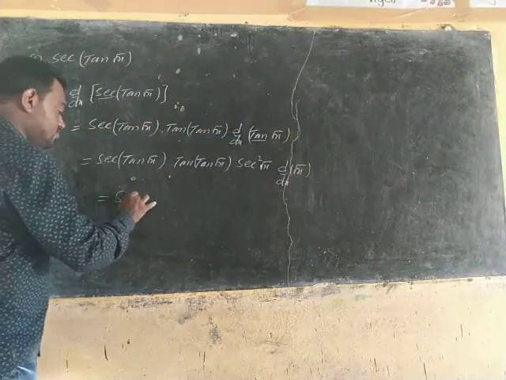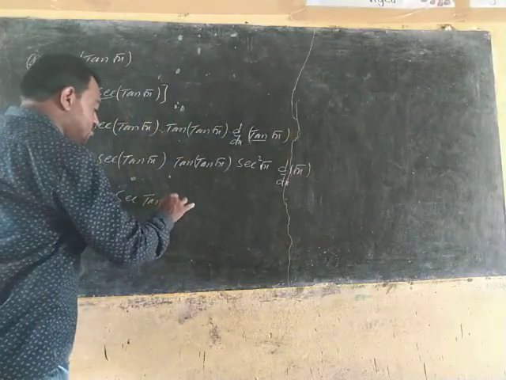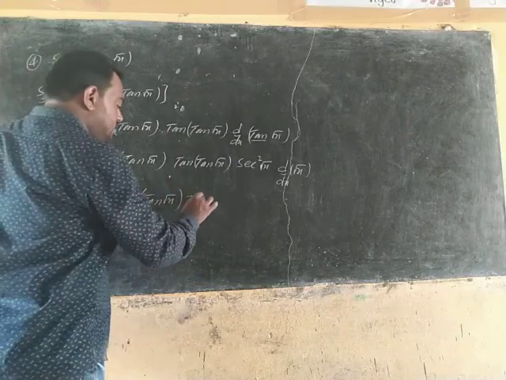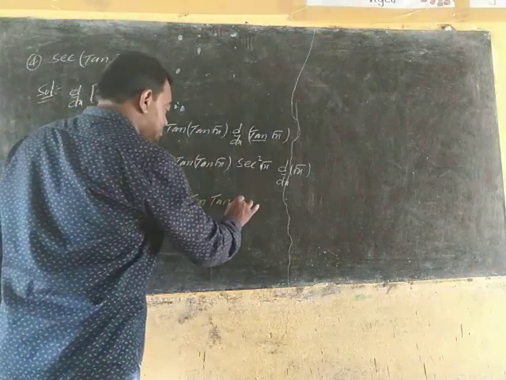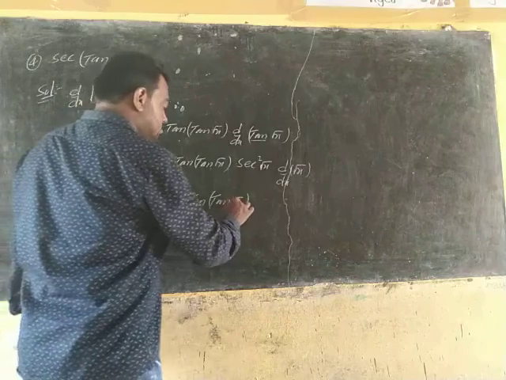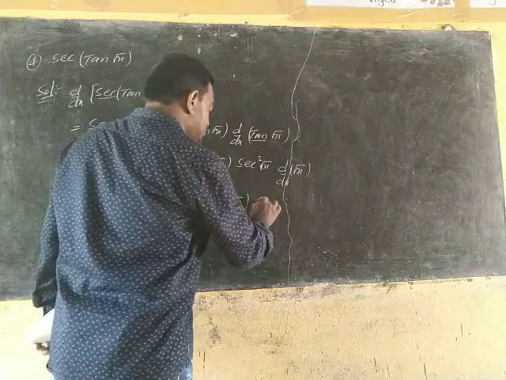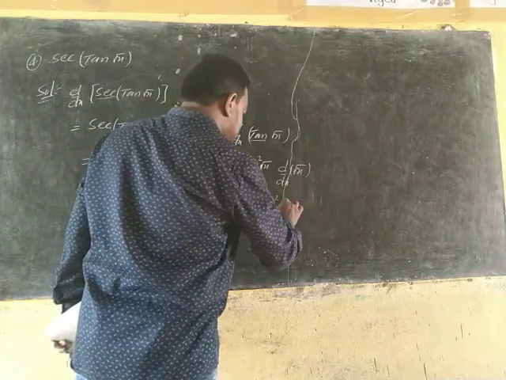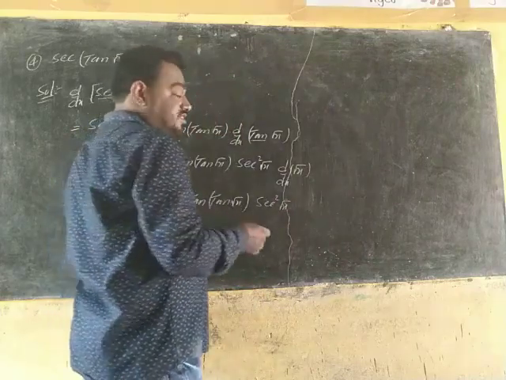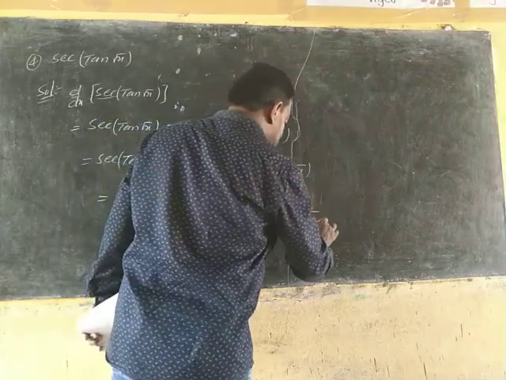This is equals to secant of tan root x into tan of tan root x into secant square of root x into root x derivative, 1 by 2 root x.